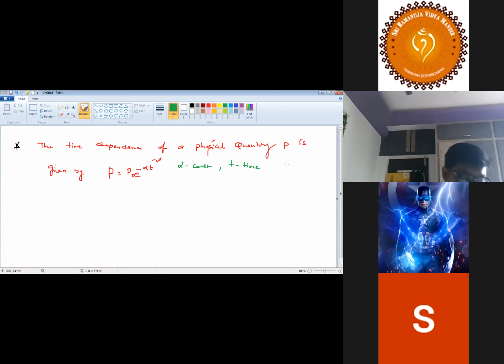Then find the dimensional formula for alpha. Can anyone type? Simple, easy question. T power minus 2.